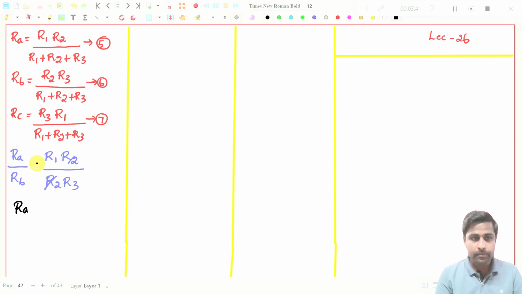RA is equal to R1 by R3 times RB, where RB can be brought to the right hand side.